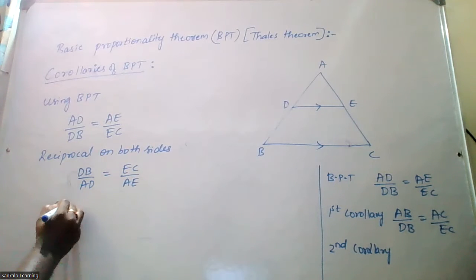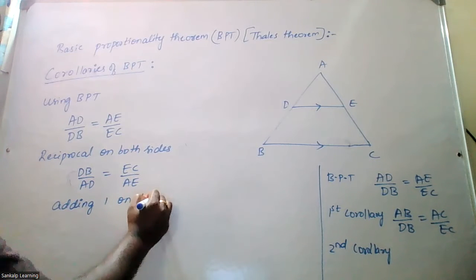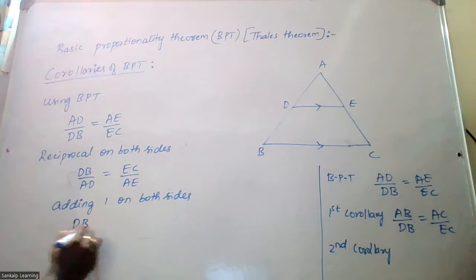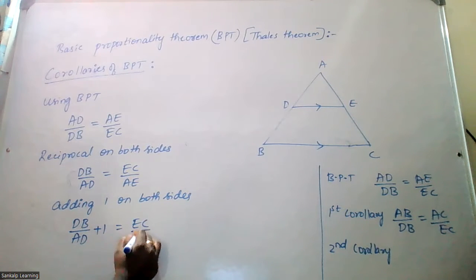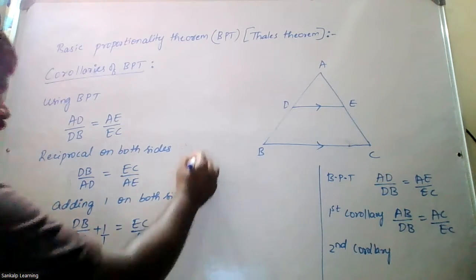Now let's add one on both sides. So you get DB by AD plus 1 is equal to EC by AE plus 1, isn't it? This one again can be written as 1 by 1. So let's take the LCM.